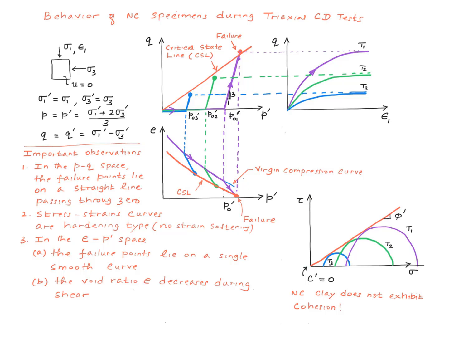I will not get into the proof here, but it's a useful observation because when we start talking about over-consolidated clay, we're going to see that the failure line is not going to pass through 0 in the PQ space. It's going to be something like that, right? There's going to be an intercept over here, and then we will find that there is going to be an intercept in the tau sigma space as well, and that's what gives you cohesion for an over-consolidated clay.